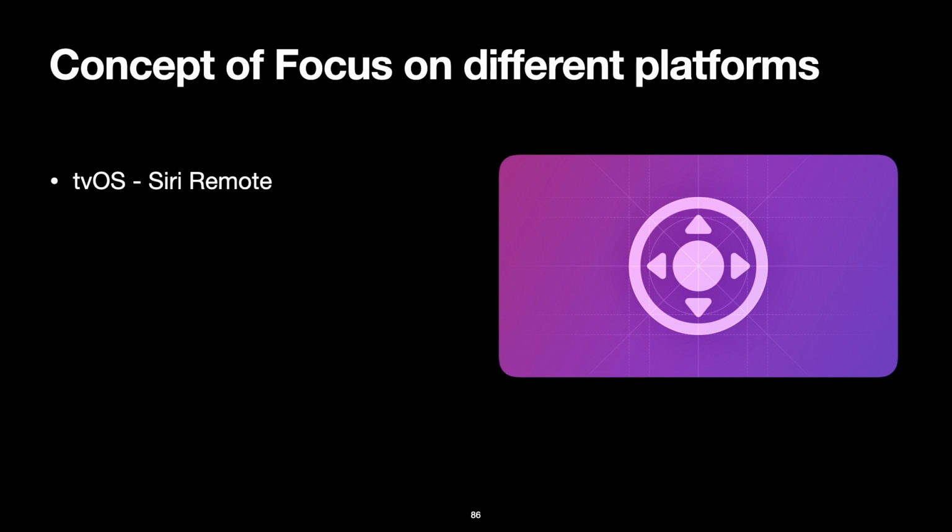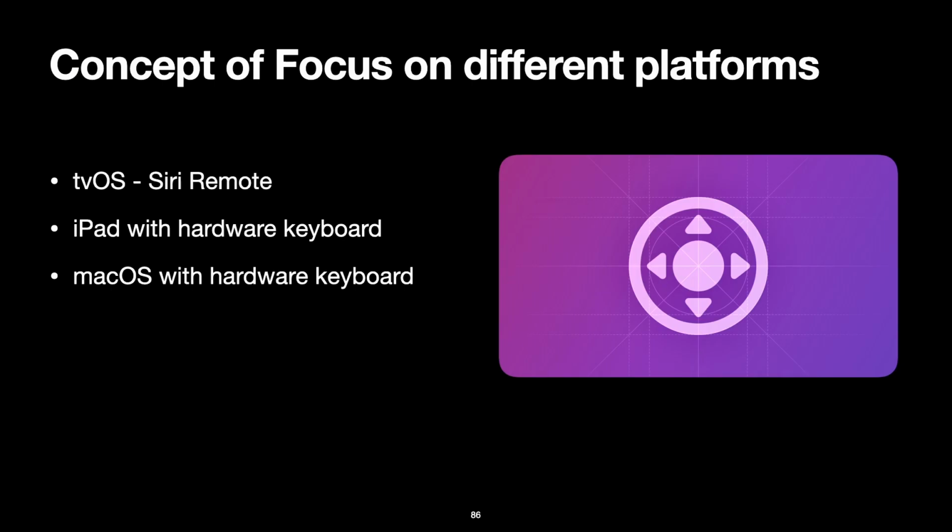And another reason is that the concept of focus is very easy to understand from the perspective of a TV. All of us have used a smart TV at some point, so we know about this concept already. And another reason: focus is actually gaining a lot of traction on iPad with hardware keyboard and macOS with hardware keyboard.